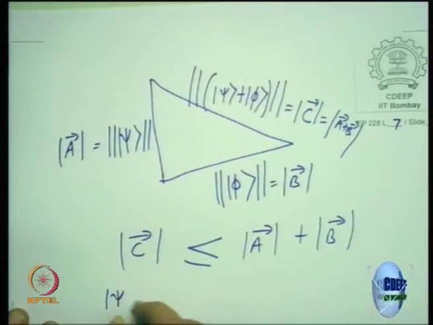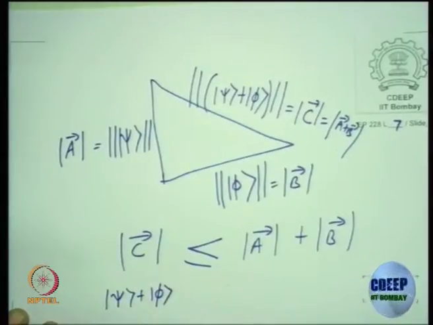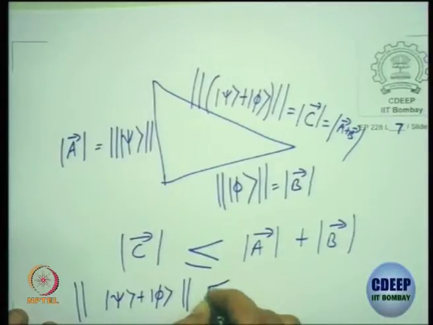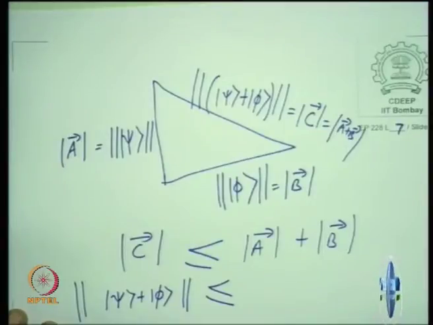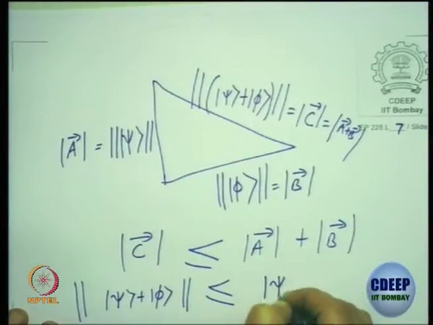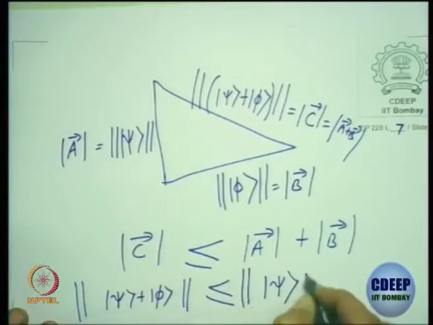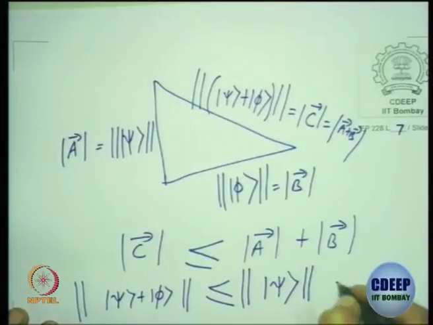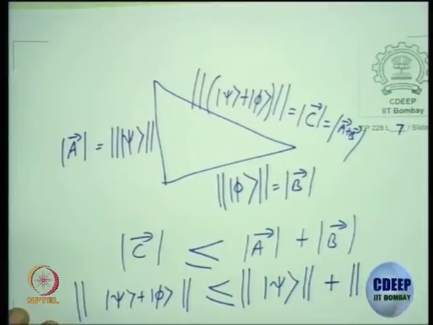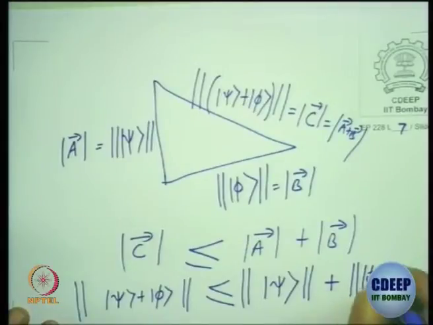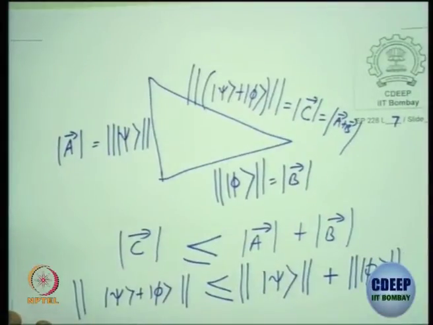If I take psi plus phi and then take the norm of it, that should be less than or equal to the norm of the state psi plus the norm of the state phi, right. This is what we call the triangle inequality.